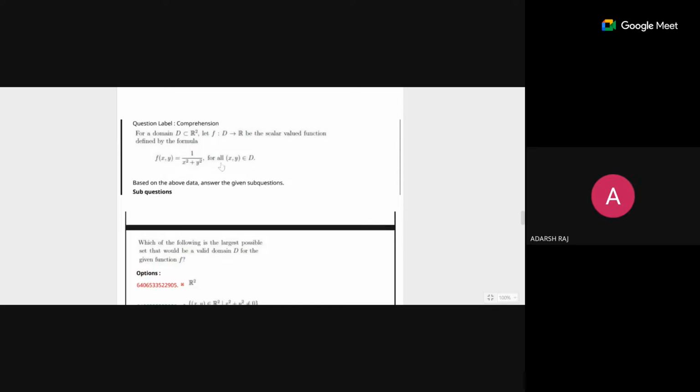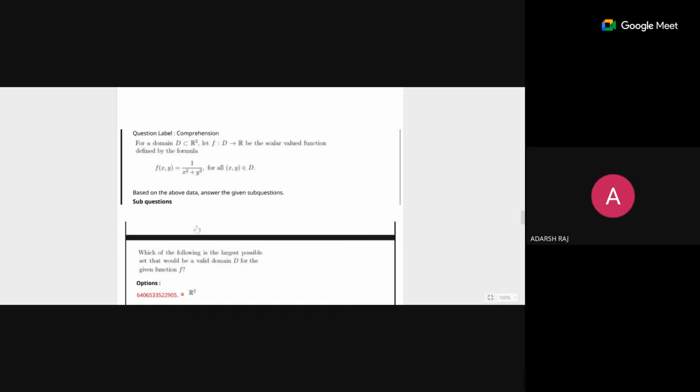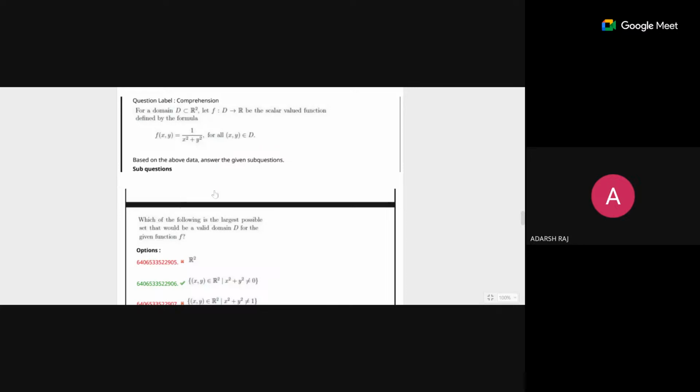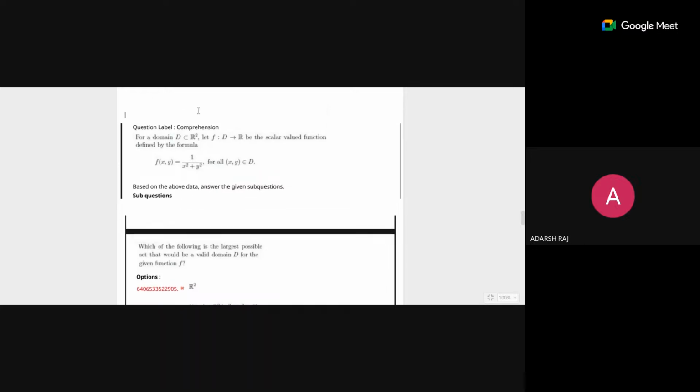So this function is defined on all R2 minus 0 comma 0, right? So the domain of this function will be all R2 minus 0 comma 0.